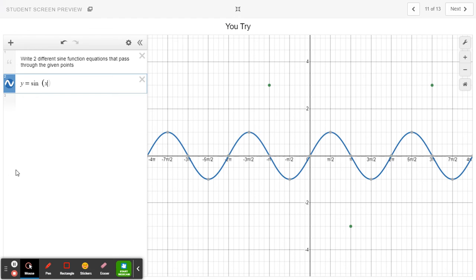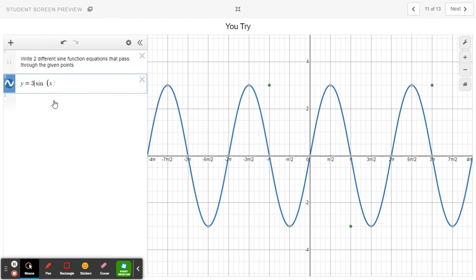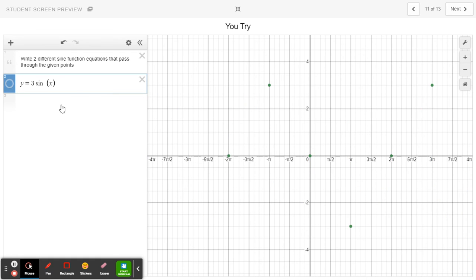Obviously my amplitude is not big enough. It looks like I need to make my amplitude 3. There we go. And then let's identify our period. It looks like our period is going to be stretched out.